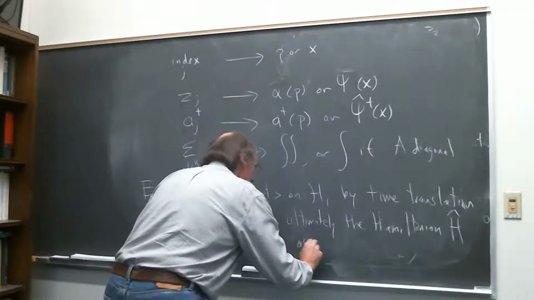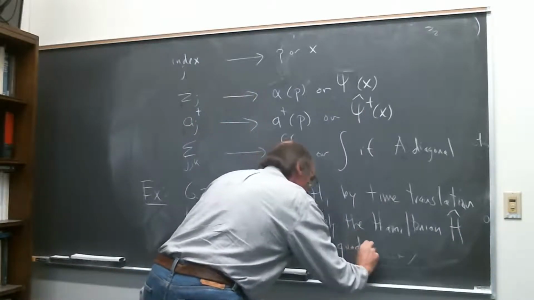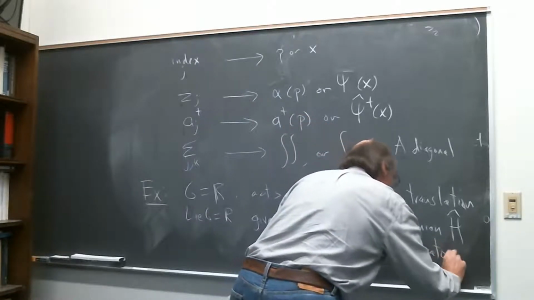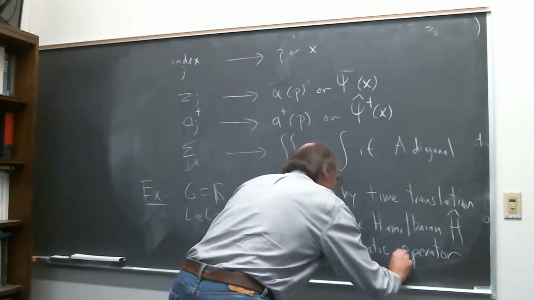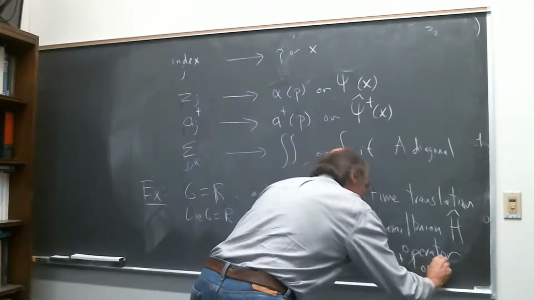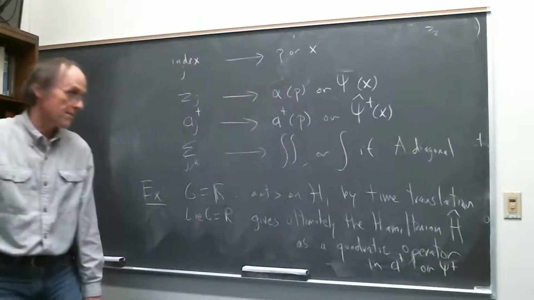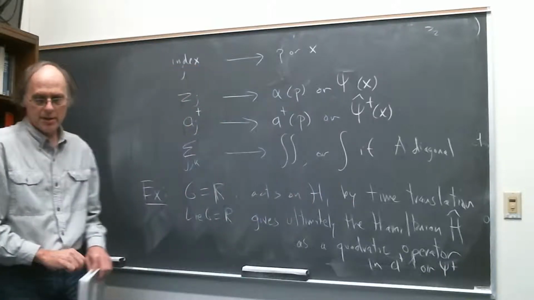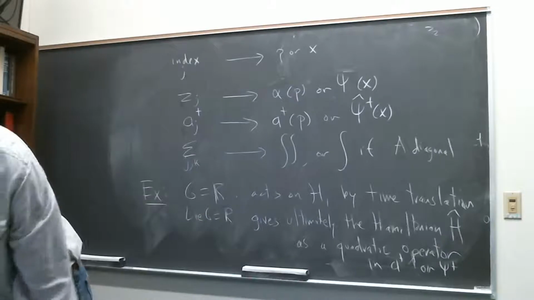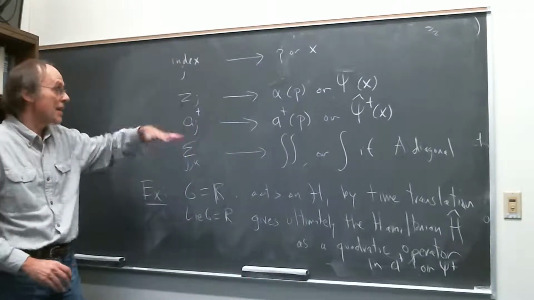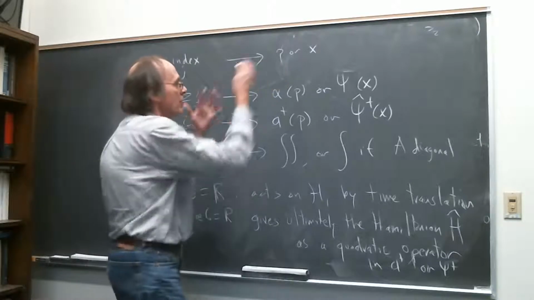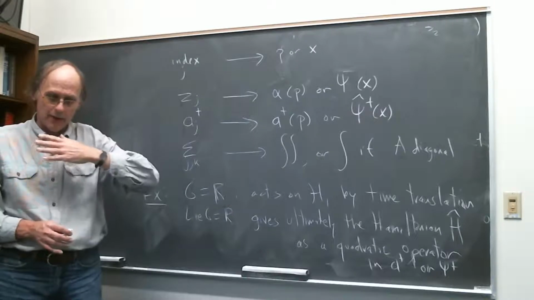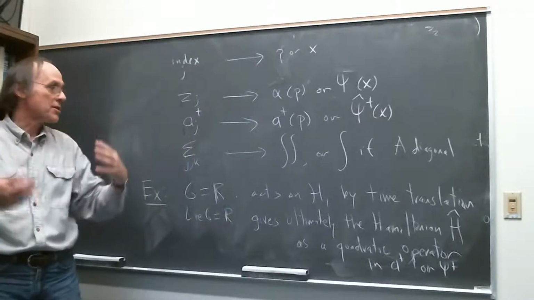as a quadratic in a dagger or psi dagger. In some sense this is the simplest and most basic aspect of symmetry: we're quantizing a space of free particle solutions, and we know how they act when you translate in time.